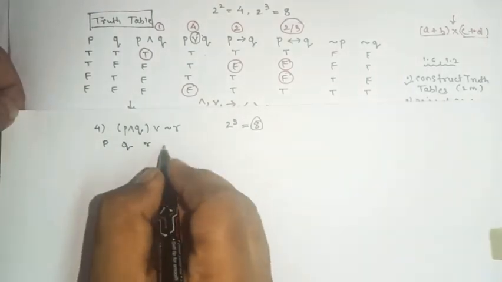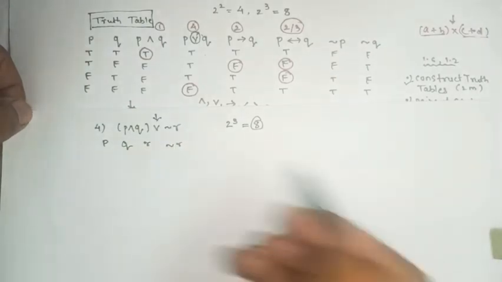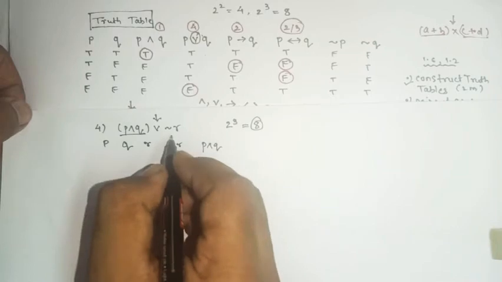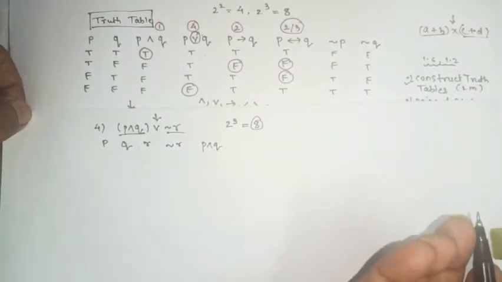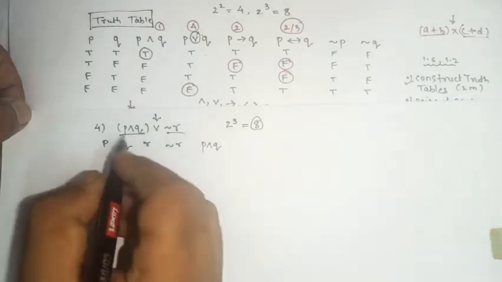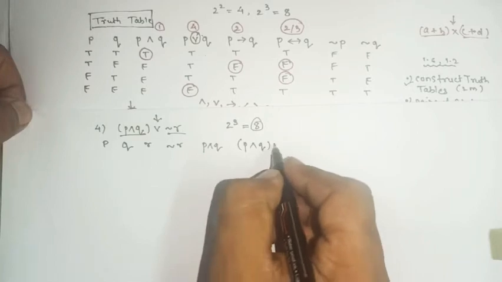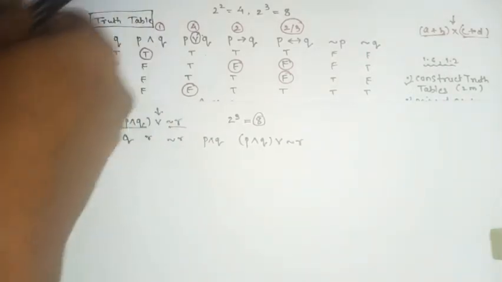So here only negation of R is there. Yes or no? So here the main connection is OR. So this pattern will come first, then negation of R, already it is there in the table, so this whole slot will come. So got the point how to construct? Yes or no? Understood?